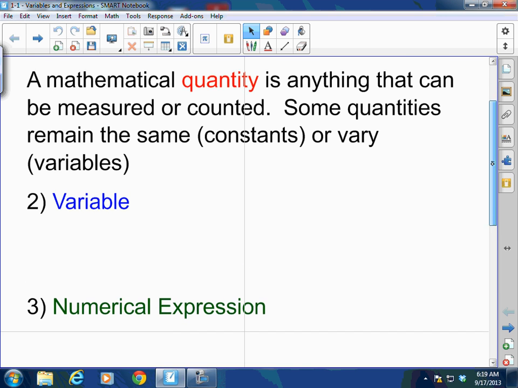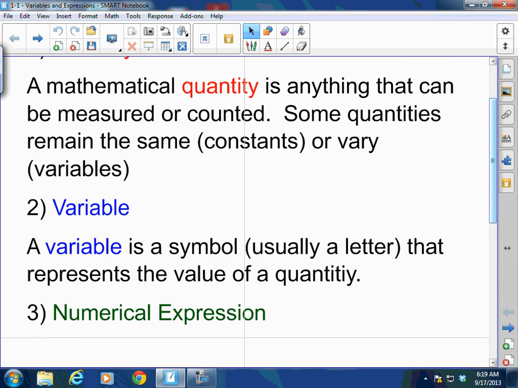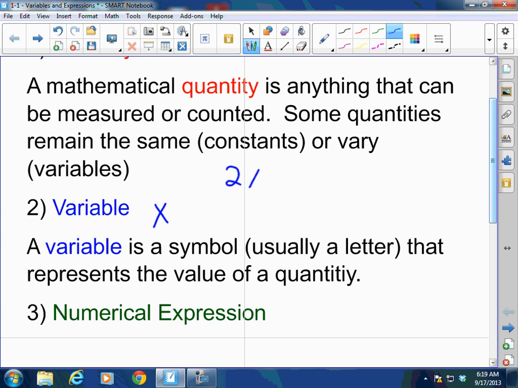Okay, pretty simple. Variable. A variable is a symbol, usually a letter, that represents the value of a quantity. We are going to have to shift from using the x as multiplication because x is a very, very popular variable. We can no longer use that for multiplication. So from now on, 2x3, that's not going to work. You cannot represent multiplication like that.